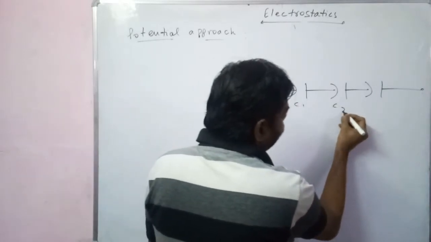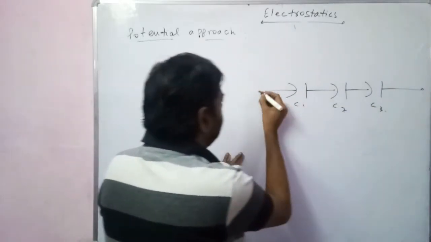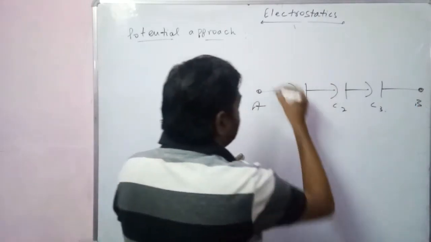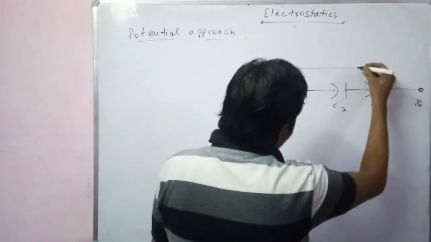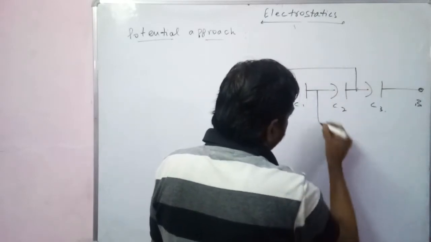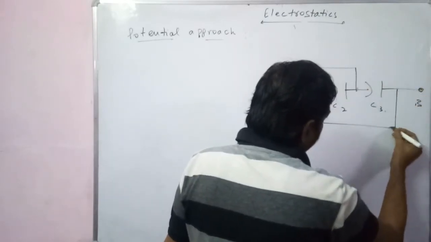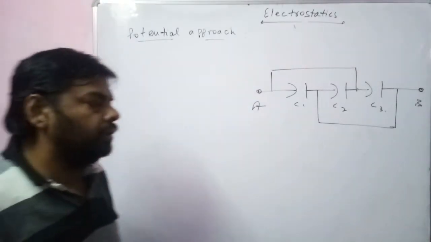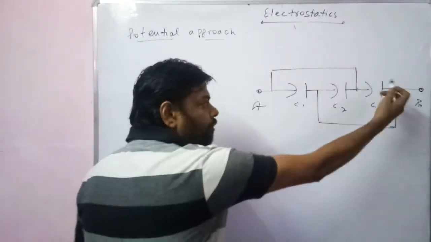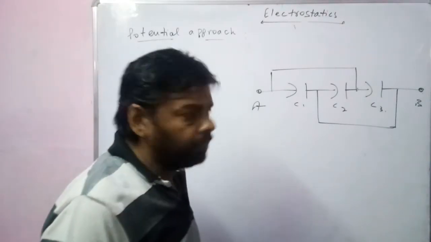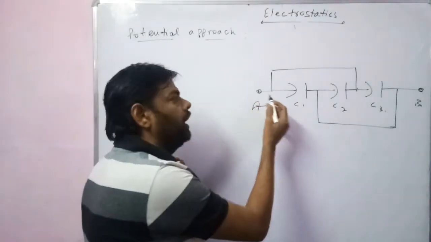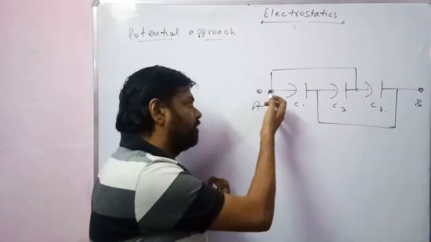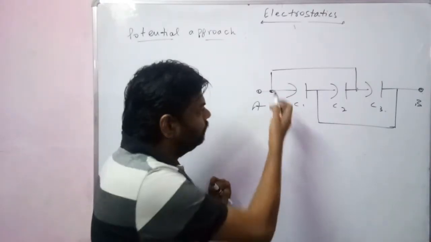Let us say C1, C2, C3. Let us say the point is B. This is the circuit. Clear? Now again, when we are moving from A to B, when we are starting from A, we come to this particular junction and we find a branch.